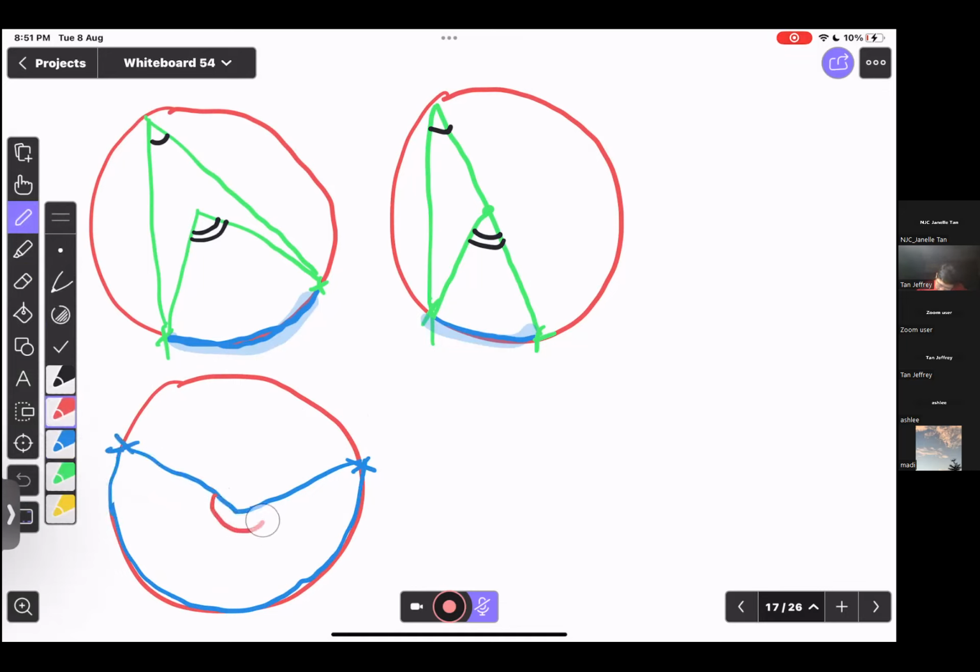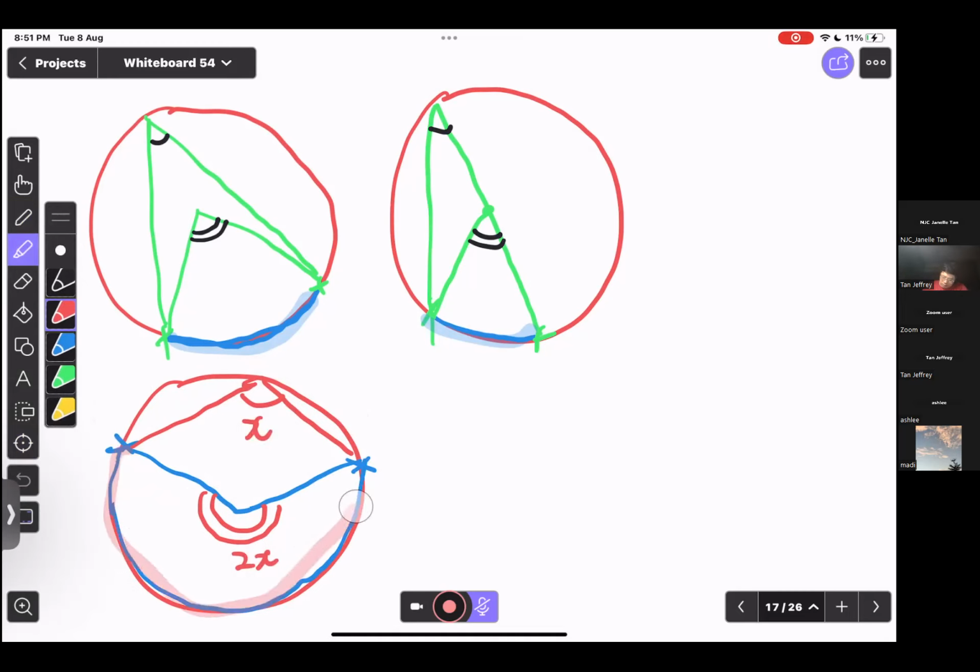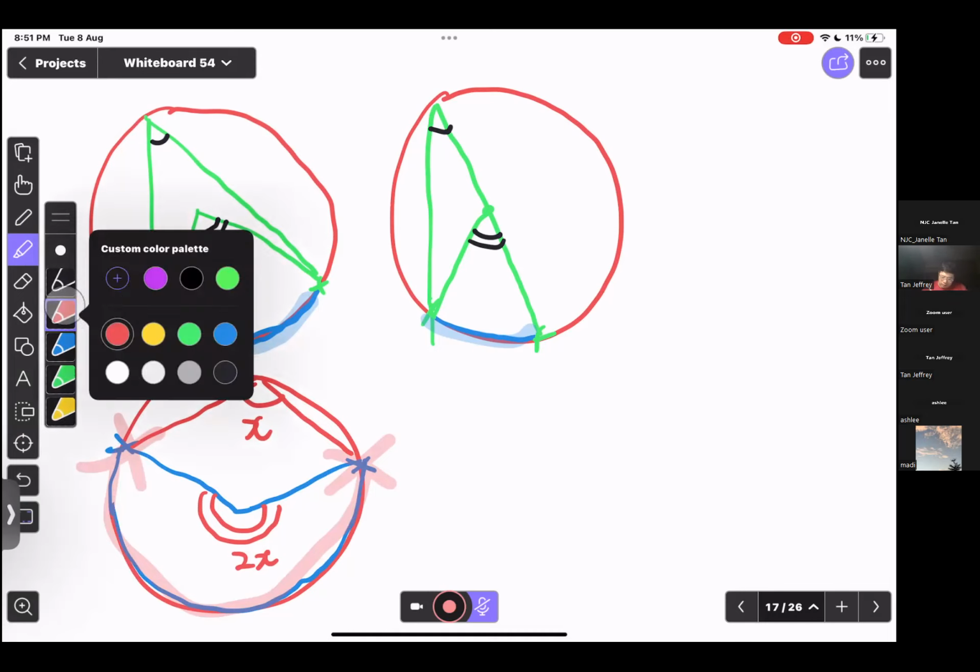Then this will be the angle. Then the same endpoint of the arc shoots an angle to the circumference. Then you can see this will be double of this. Same arc, the same endpoints of the arc shoot an angle to the center and an angle to the circumference. Is that okay?